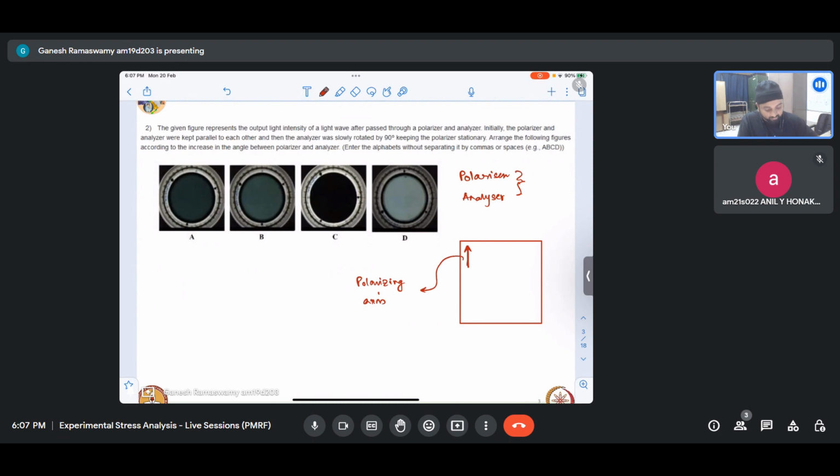There's something I just wanted to clarify before moving forward. Polarizer and analyzer: in photoelasticity we are using light as the sensor. Light is what we are measuring. Generally, in other methods, we calculate stress based on measurement of strain or displacement.